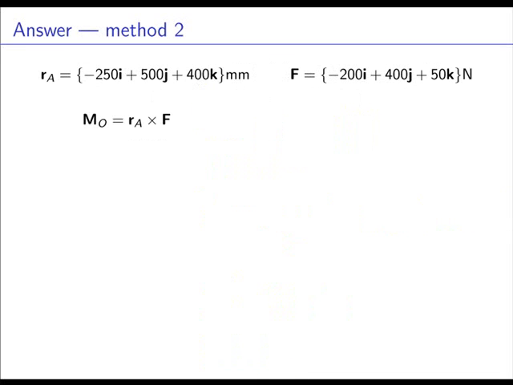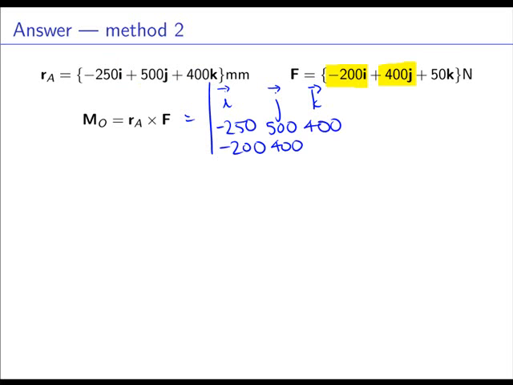The second approach requires that we first calculate MO. Since we have our vectors in Cartesian form, we can use MO equals the determinant of i, j, k, minus 250, 500, 400, minus 200, 400, 50.